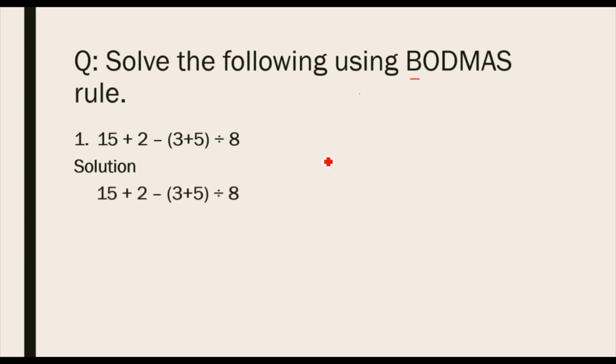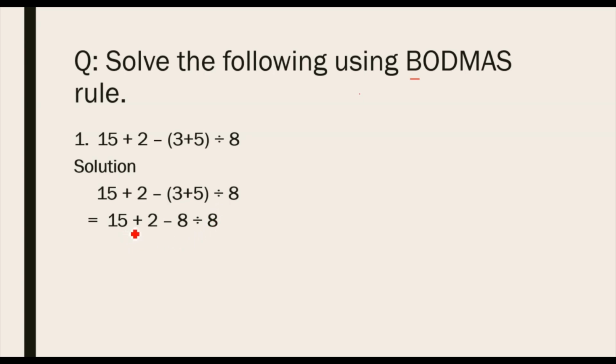First we write the question as it is and then solve the bracket first. In the bracket we have one operation, which is addition. So first we add 3 and 5, and we get 8. So we write 15 plus 2 minus 8 divided by 8.